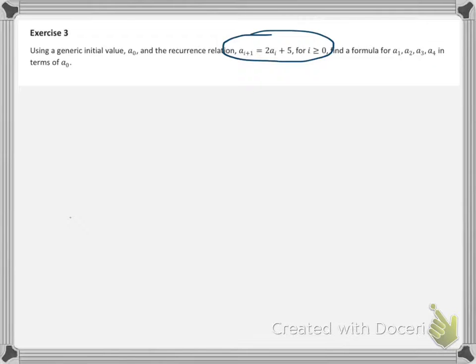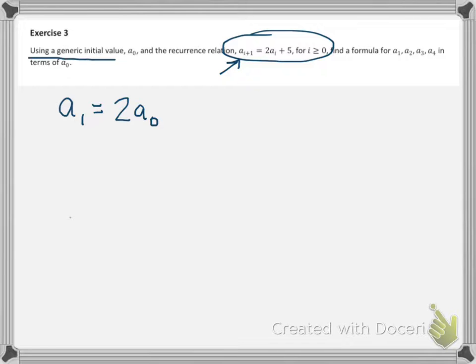All right, so a sub 1 is going to be this part. It's going to be our next value, or the result, and the next starting value. So a sub 1 is equal to 2 times a sub 0, which is our initial value.